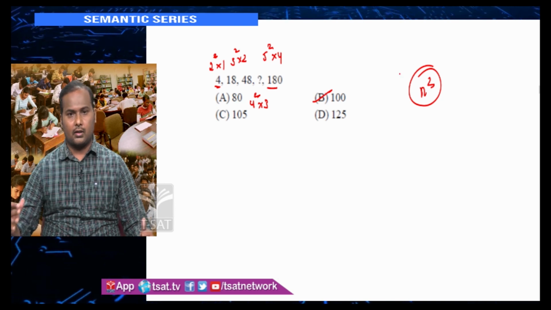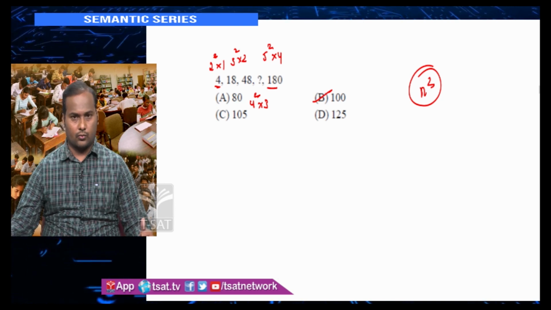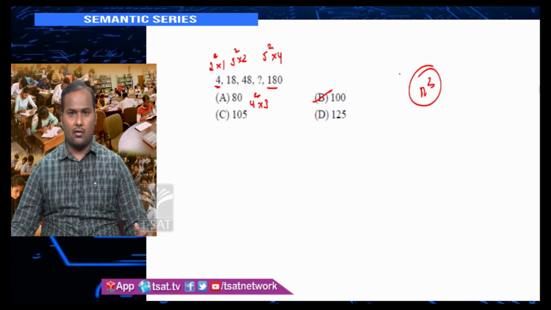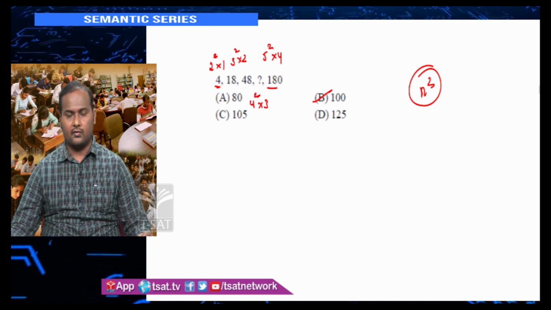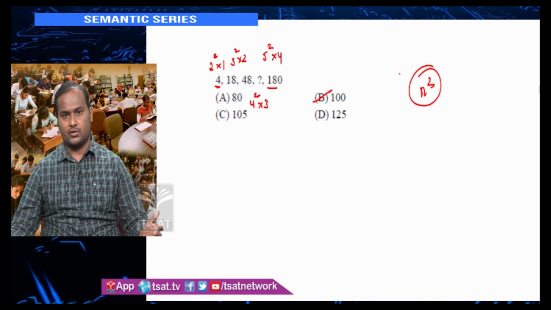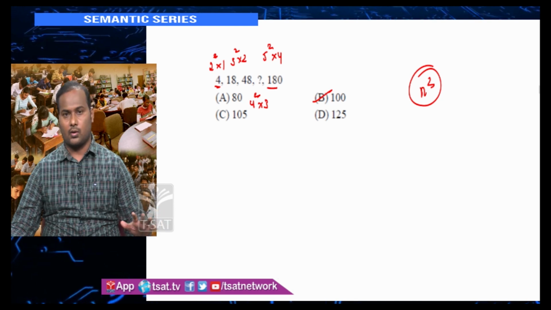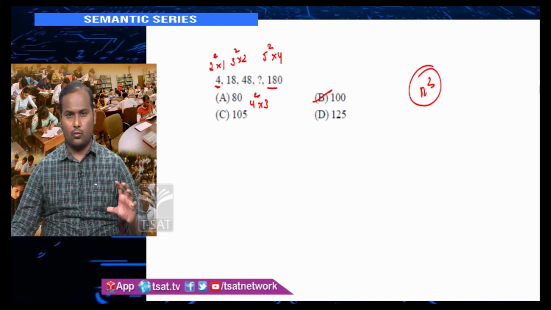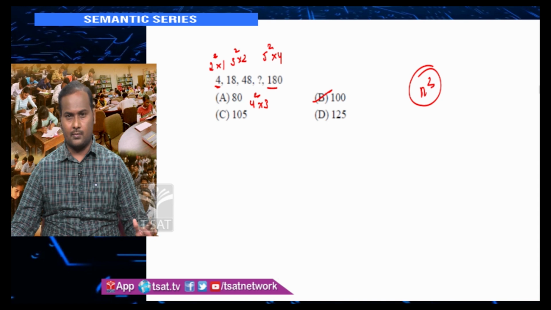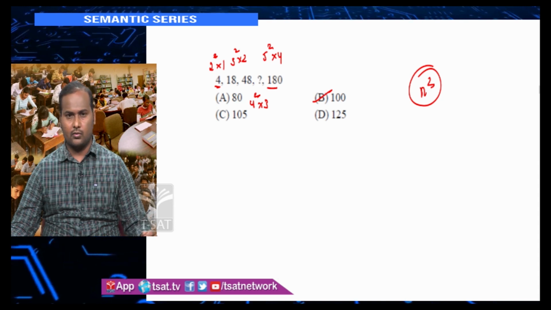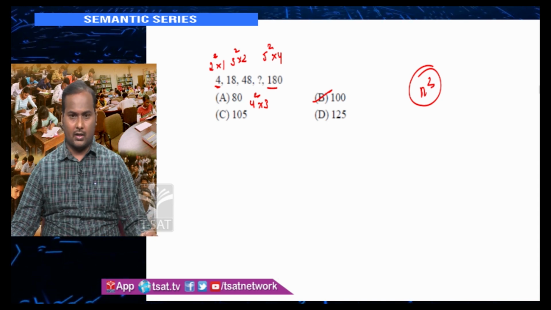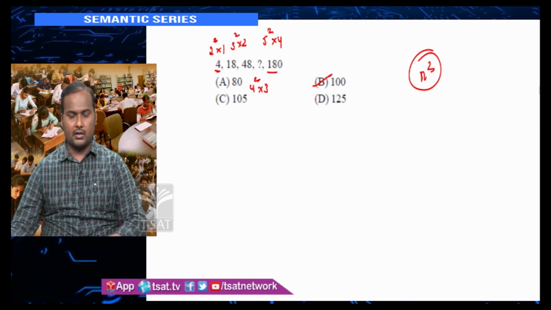So that is square multiplied by 1, 2, 3, 4 like that. Obviously in the examination, they will give combinations of squares: square addition, square subtraction or square multiplication. If you are aware of all these types, then it will be very easy for you to recognize them in the examination. See the next question.